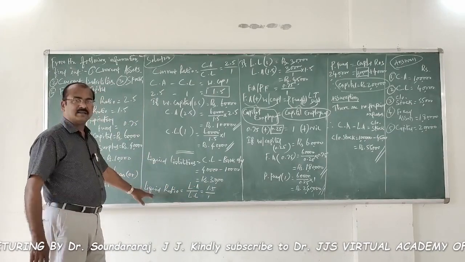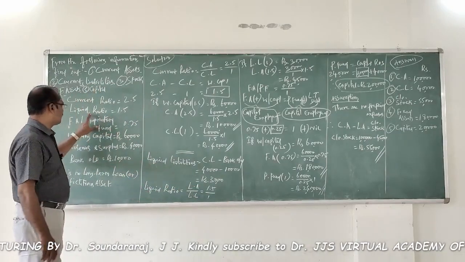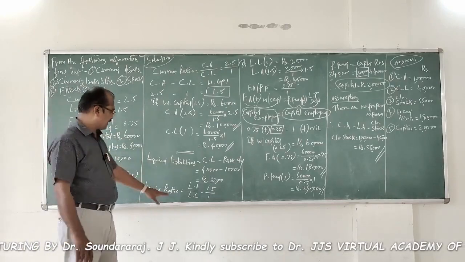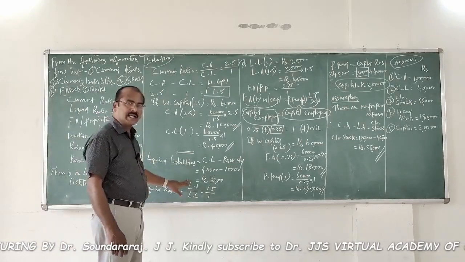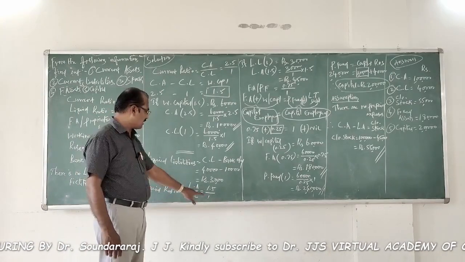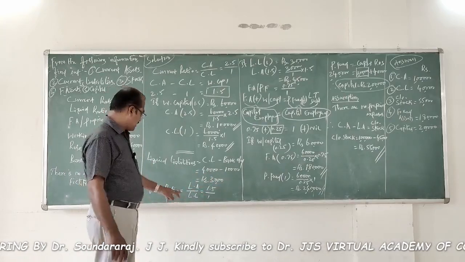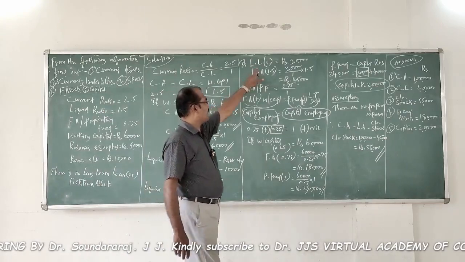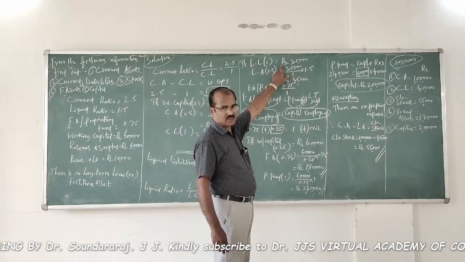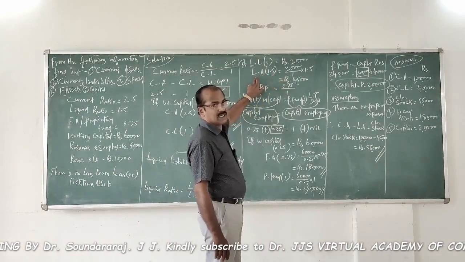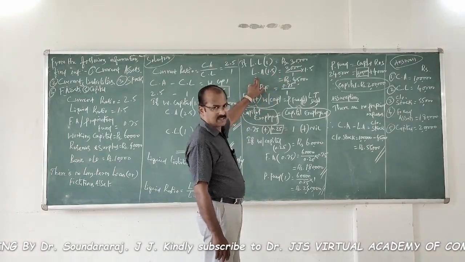Now let us write the liquid ratio which is given in the problem. It is 1.5. So liquid ratio is equal to liquid assets divided by liquid liability is equal to 1.5 divided by 1. If liquid liability with a weight of 1 is equal to 30,000, what is the amount of liquid assets?